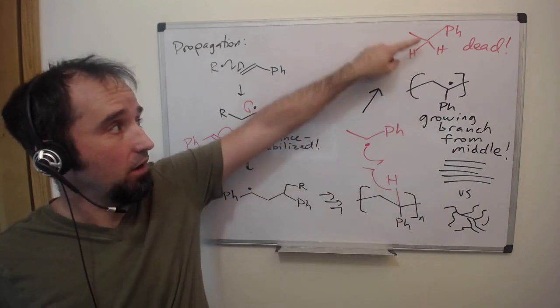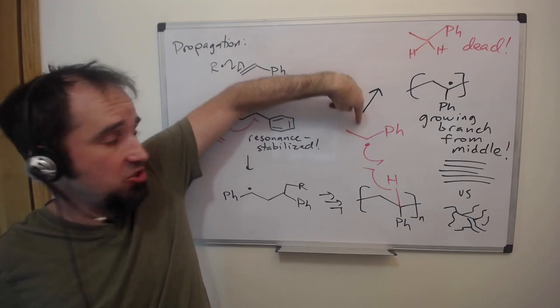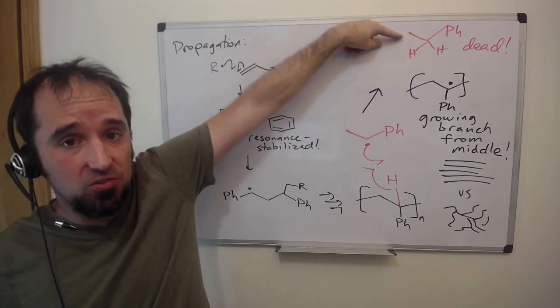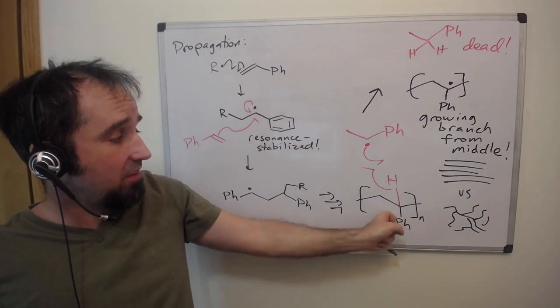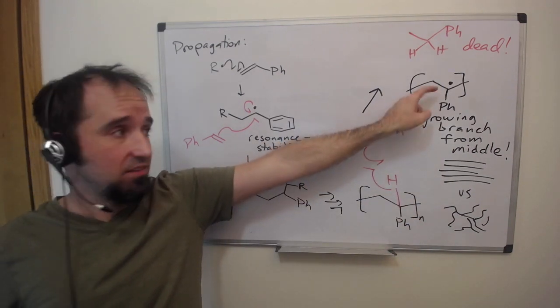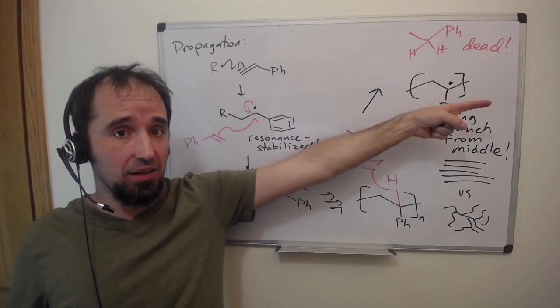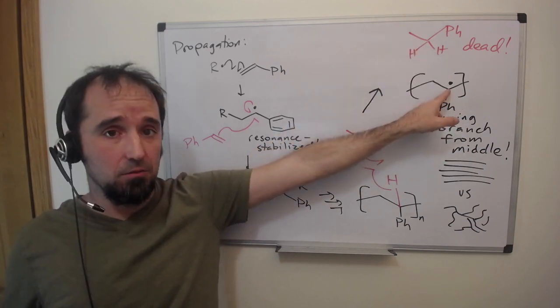One is it kills the one chain that was growing, right? So this chain that was growing, now there's no radical on the end of it anymore. The other bad thing is that now this chain has a branch growing from the middle of it, right? So it might even still be growing in that direction, but it's also growing up from that radical site.